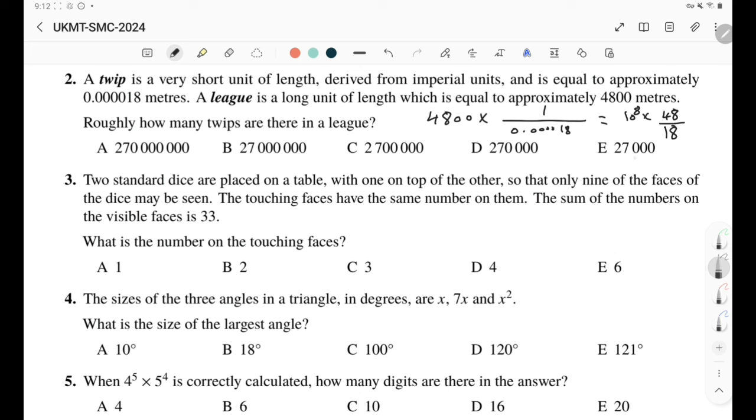If you look at the answers, all of them are 27. So it's better to make this 7 here and add a 0 here. This number is approximately 27.